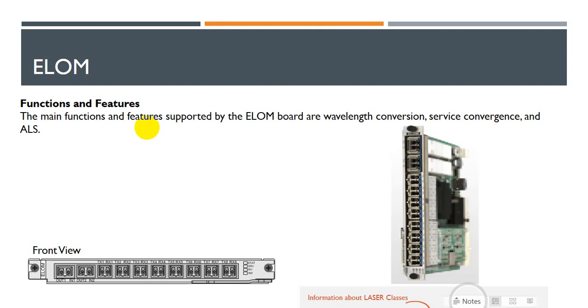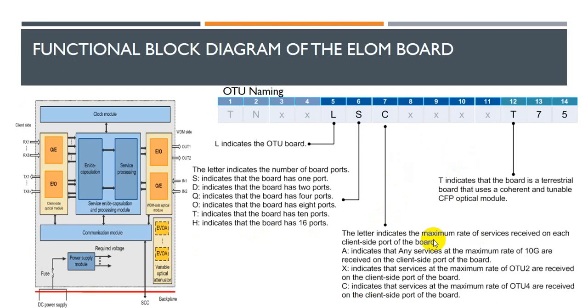So a front view looks like this. There will be 8 ports, and that multiplexes the signal into 2 10G. There's another view of this, and this we have already studied.